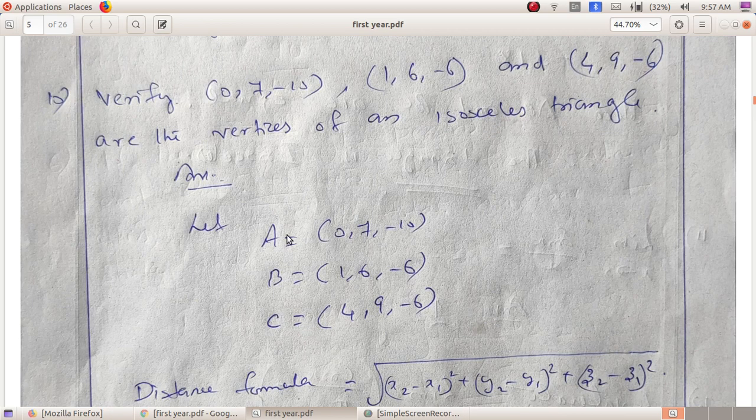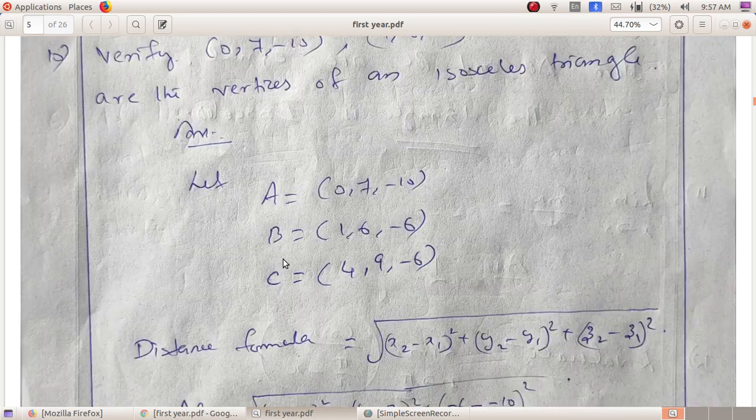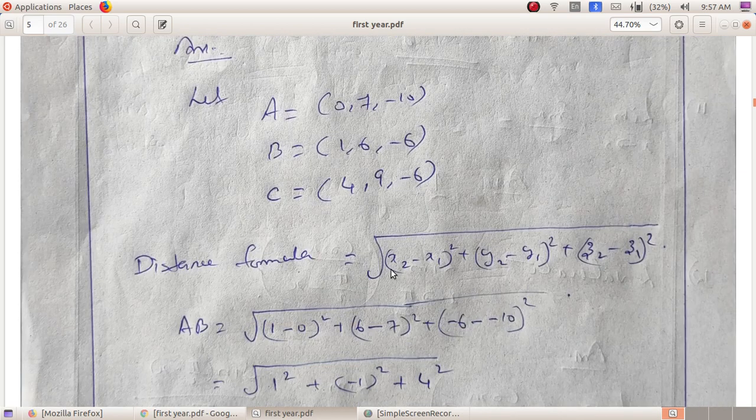So first we take the side AB using the distance formula. The distance formula is root of (x2 minus x1) whole square plus (y2 minus y1) whole square plus (z2 minus z1) whole square. Considering A, B, with x1, y1, z1 and x2, y2, z2, we get (1 minus 0) whole square plus (6 minus 7) whole square plus (minus 6 minus 10) whole square.